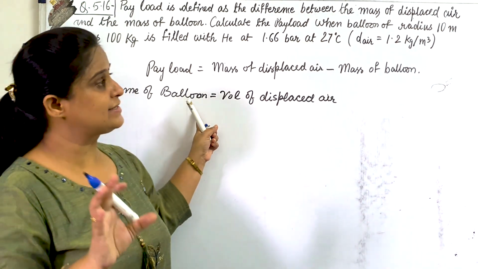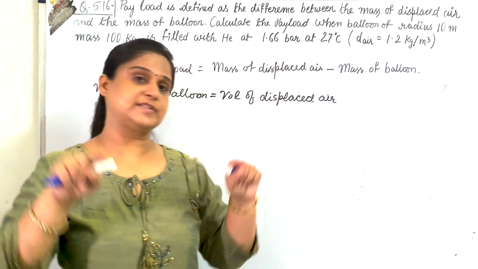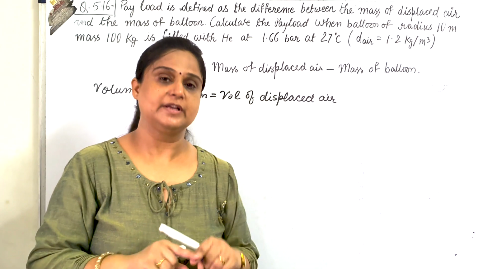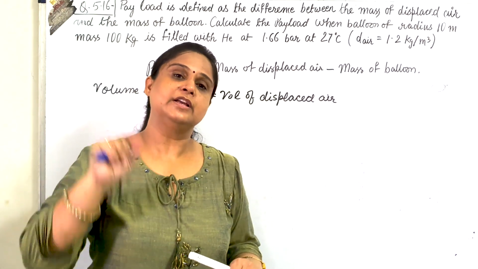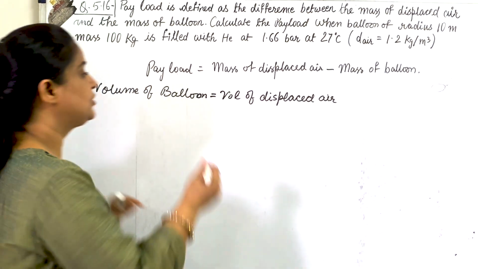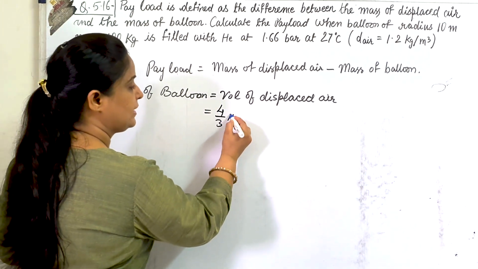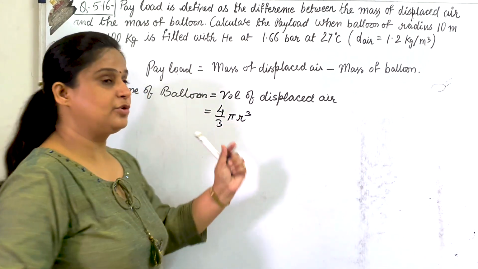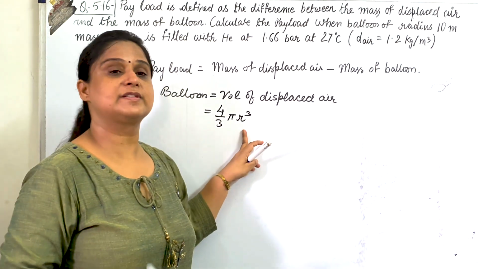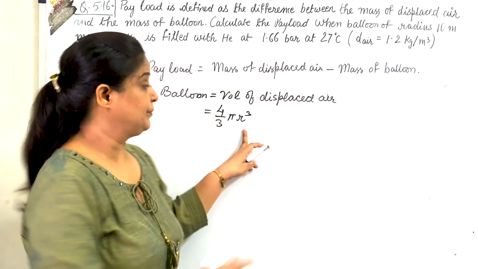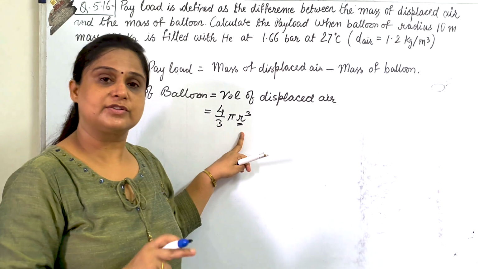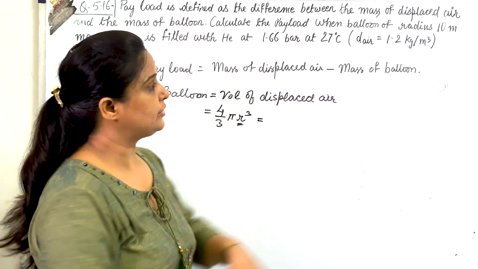So for the volume of balloon, here you have to just understand this. You have to consider that the balloon is spherical in shape. So once you assume it as spherical, you can calculate its volume using the formula 4 by 3 pi r cube. Here r is the radius of the balloon. What is given to you already here?